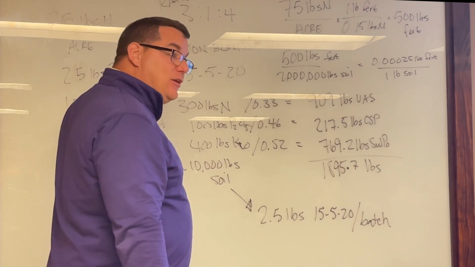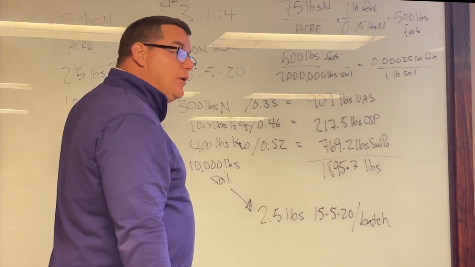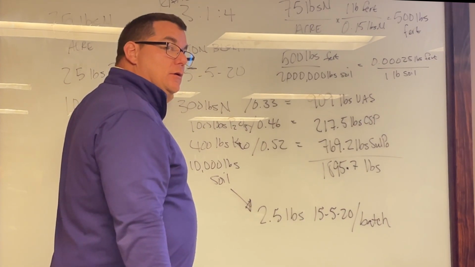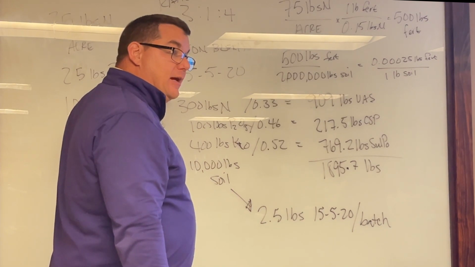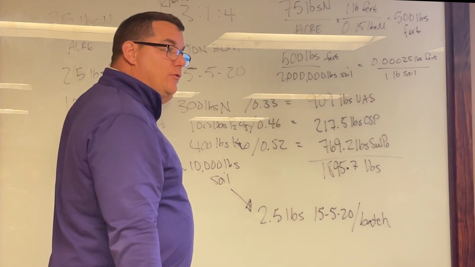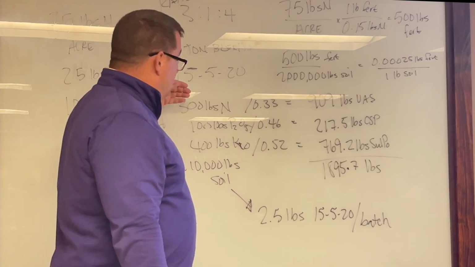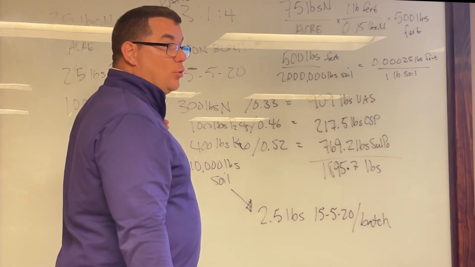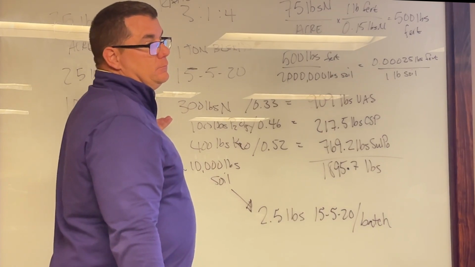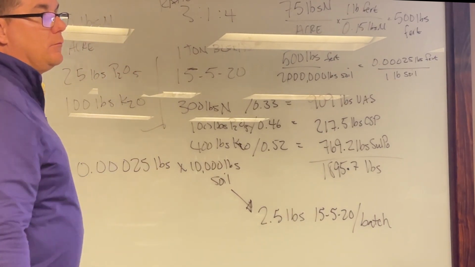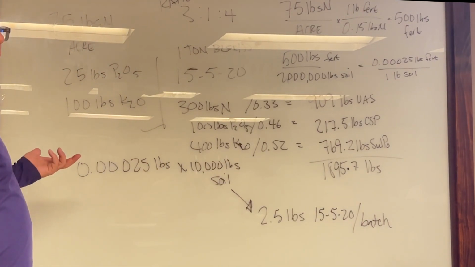Technically, this is a unit. There are 15 units of nitrogen in this blend, and each unit is worth 20 pounds. So you can either multiply 2,000 times 0.15, or you can multiply 15 times 20. 15 times 20 seems easier somehow. I just double it and add a 0.